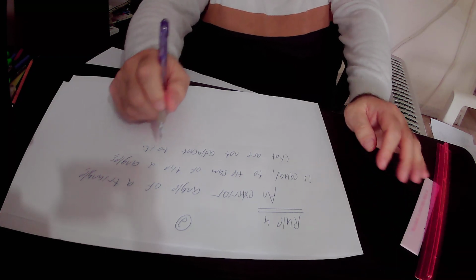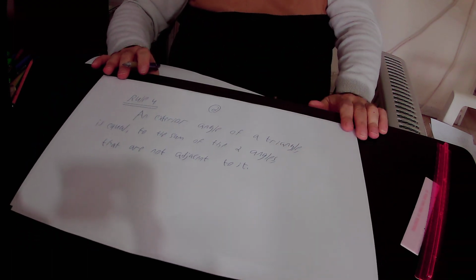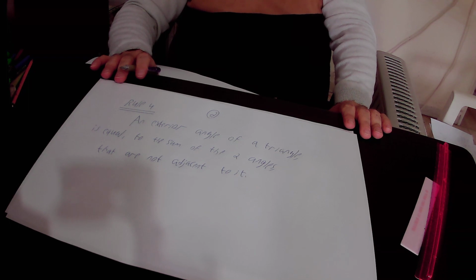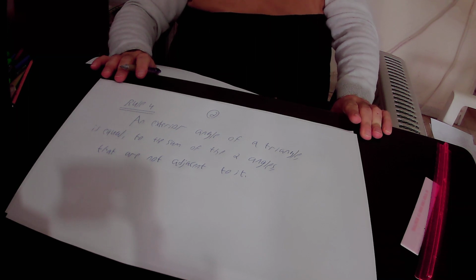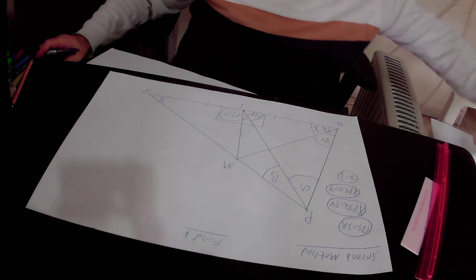I will read rule number 4 again. According to rule number 4, an exterior angle of a triangle is equal to the sum of the two angles that are not adjacent to it. So what is the meaning of rule number 4?